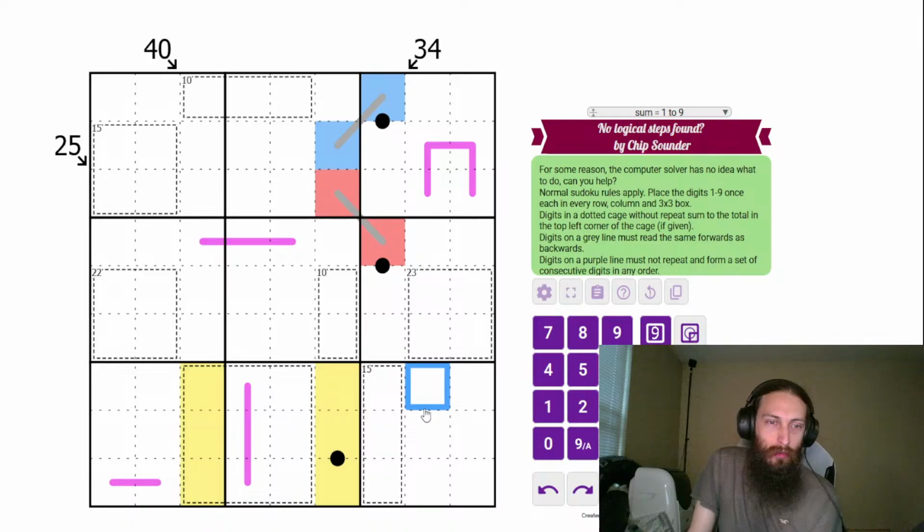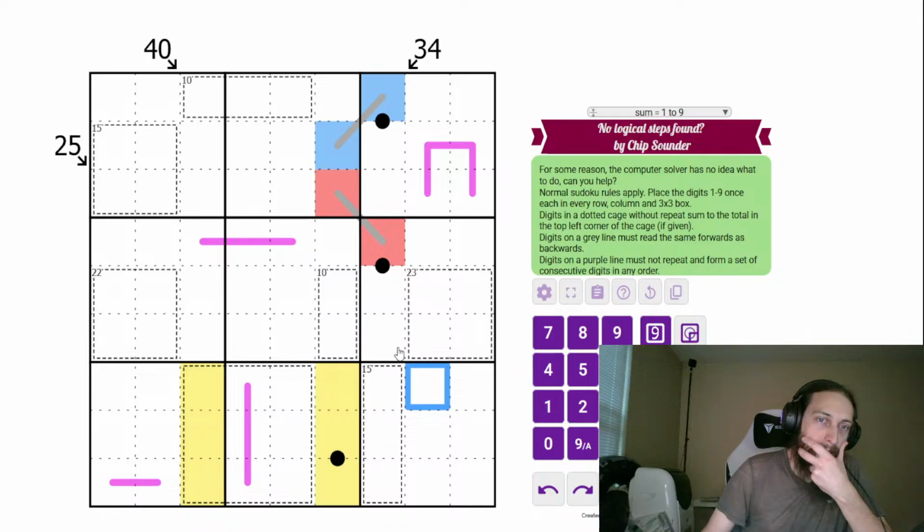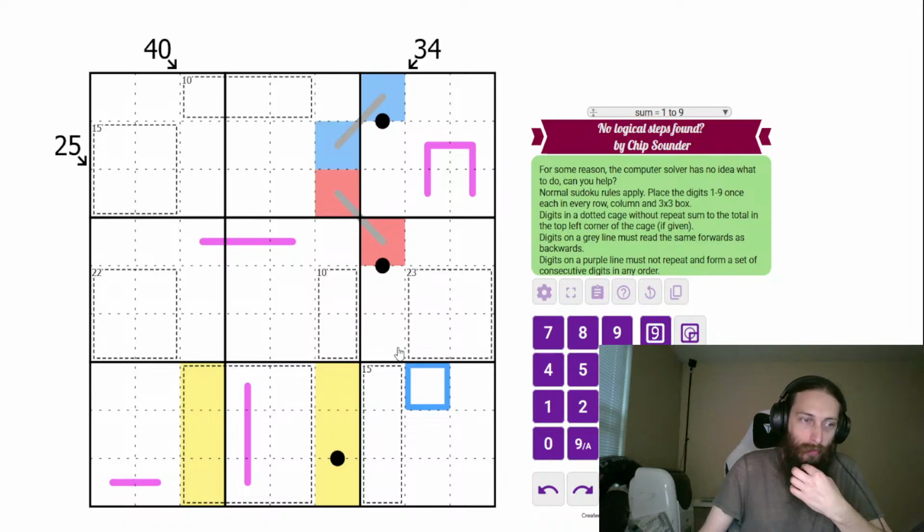So where would we start? Tallcat says, for what it's worth, the Renban in box 3 cannot have a 1 or a 2 on it.